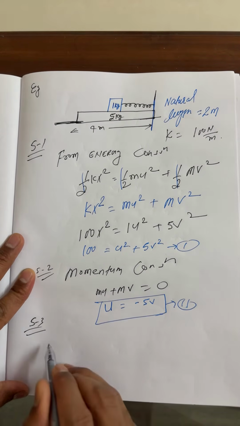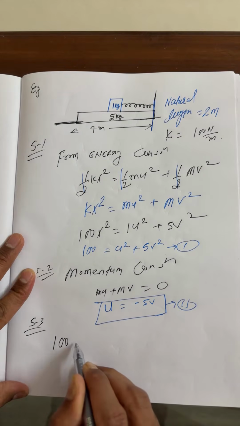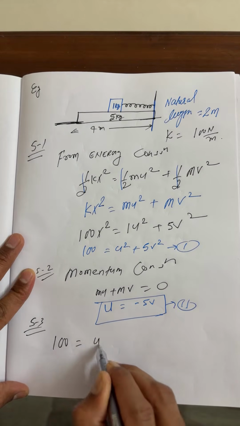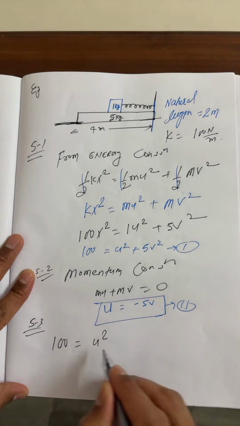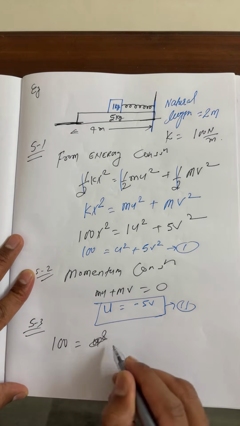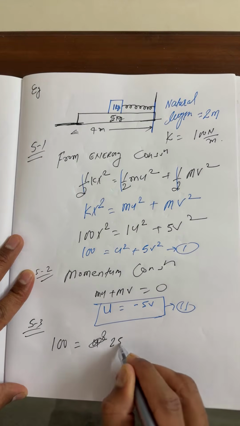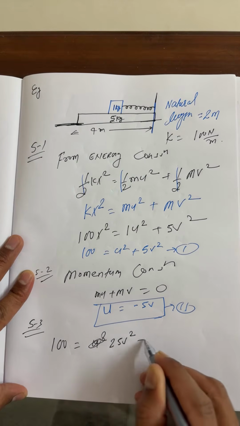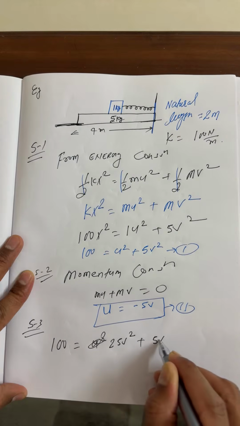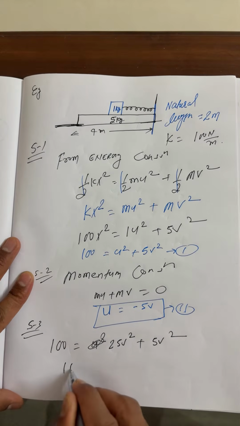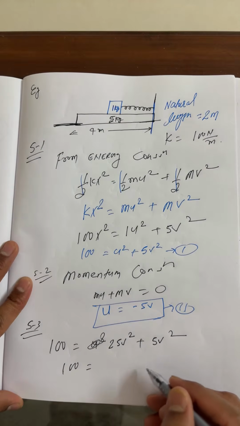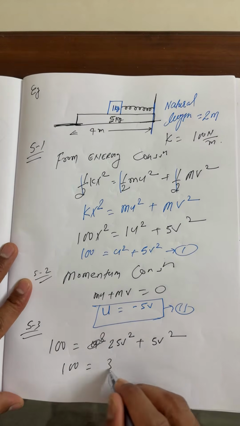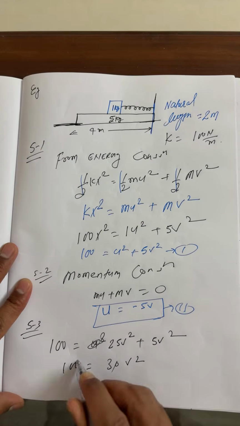So this is what, student: 100 is equal to u square. So you can say u is minus 5v, so it's 25 v square plus 5 v square. So you can say 100 is equal to 25 plus 5, that is 30 v square.